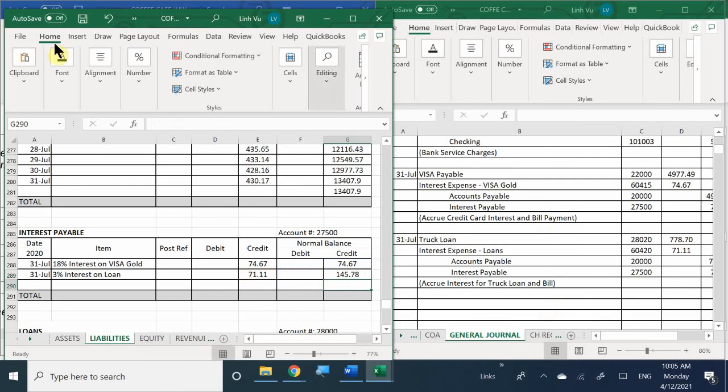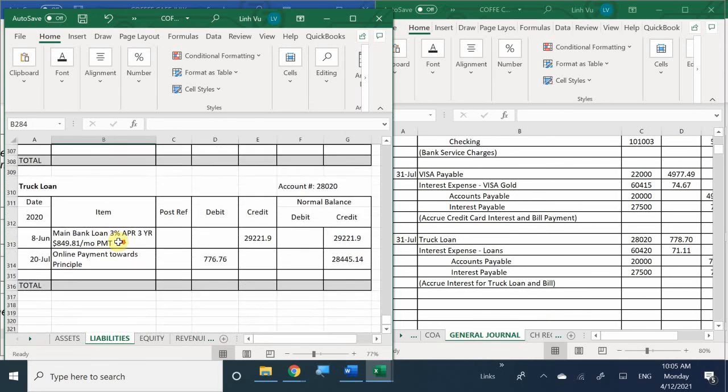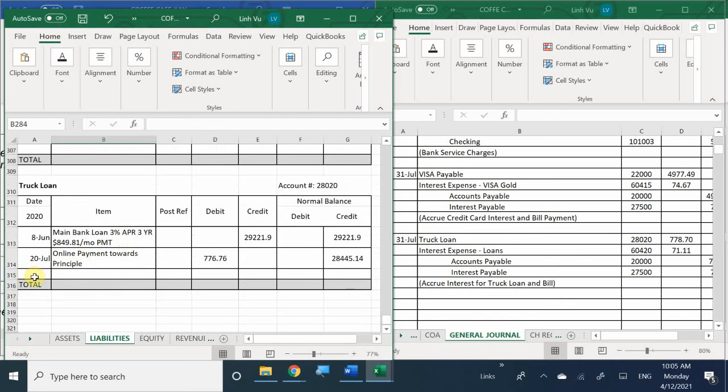I'm also going to go down below because here's my loan right here. I'm going to recognize that if I do make this payment on my truck loan, this is how much is going to go towards my principal.